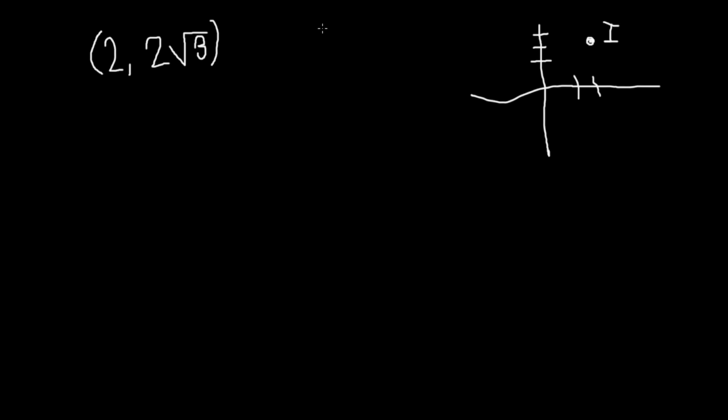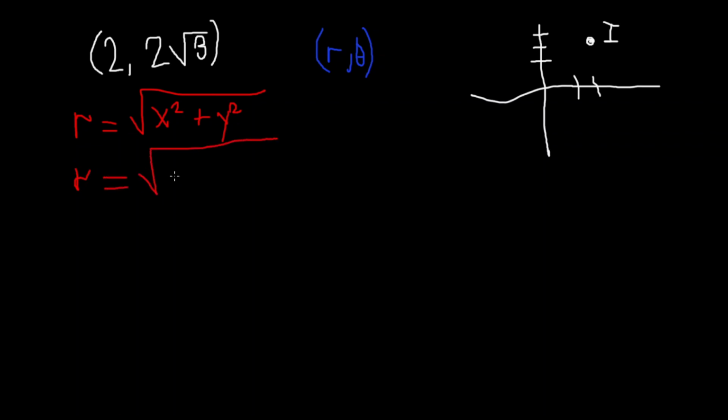So now we need to find our R value and theta. Now we can use the notes from before to find our R and theta. So to find the R value, we can see R equals square root of x squared plus y squared. You guys have this. So now all you have to do is plug in the x values and the y values from the coordinate.